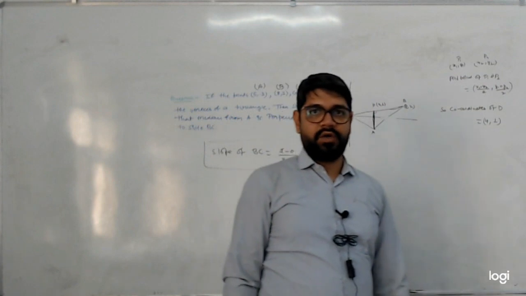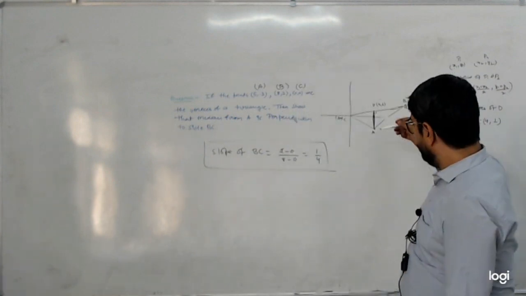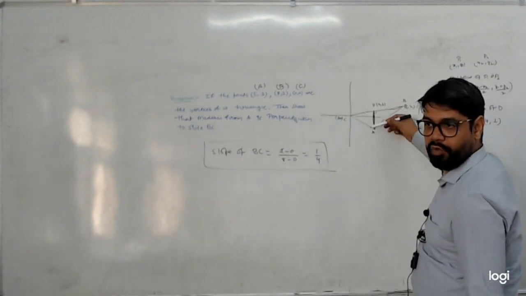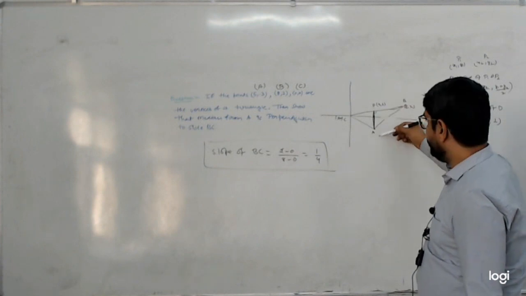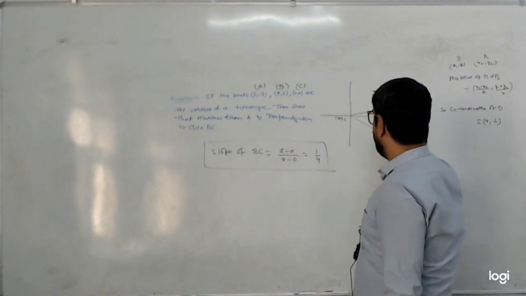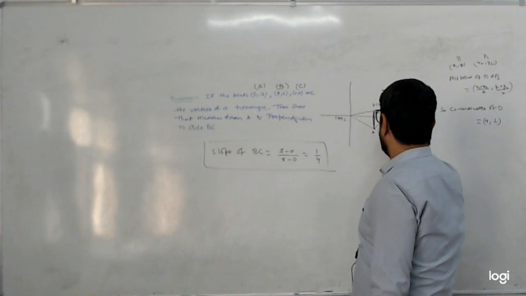Now we will find the slope of the line AD, and for that the coordinates of point A are given as 5, -3.